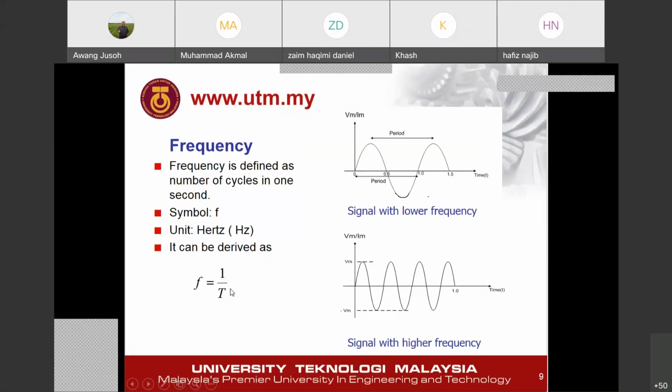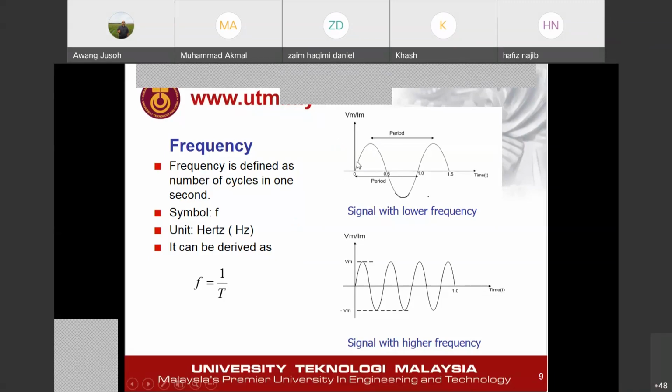But if you go to another country, for example Thailand or Canada or the US, they use a different frequency. I think they use 60 hertz. Different countries use different frequencies. In Malaysia, Singapore and so on, we use 50 hertz.